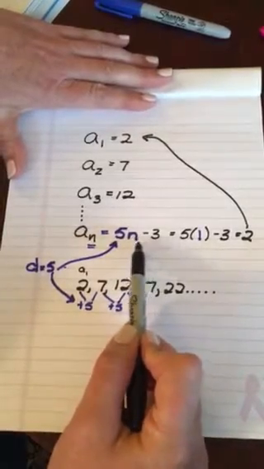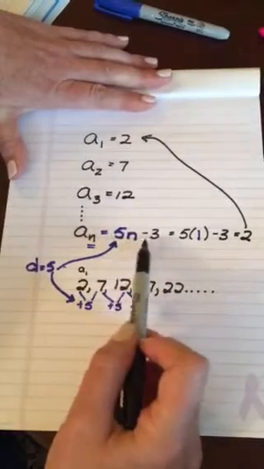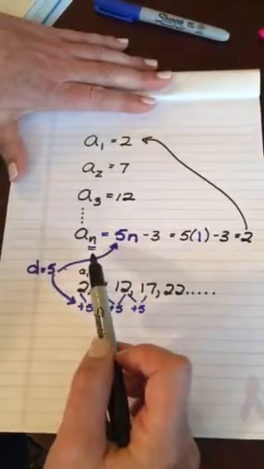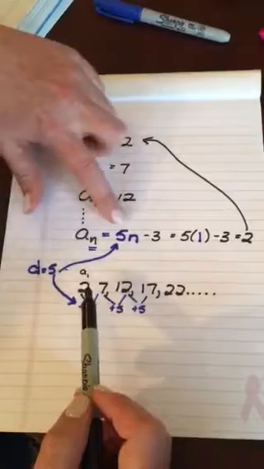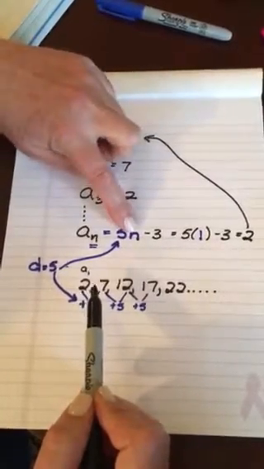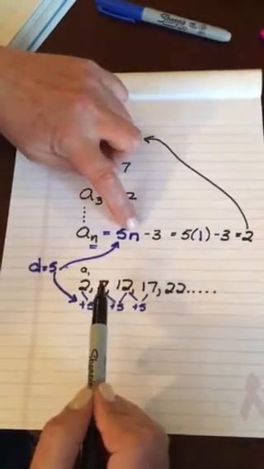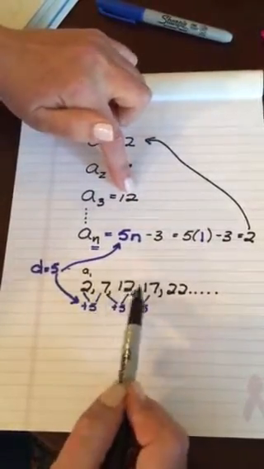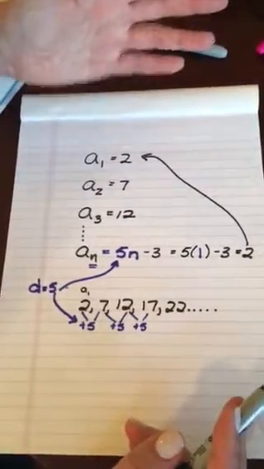What you have to do over here is figure out what I will have to do to this expression so that it equals literally each term as I go. And if you think about it, 5 times 1, take away 3, gives you 2. 5 times 2, which is 10, take away 3, gives me 7. 5 times 3, which is 15, take away 3, will give me 12. If I keep going, it'll work, no matter how many terms up I have to go.